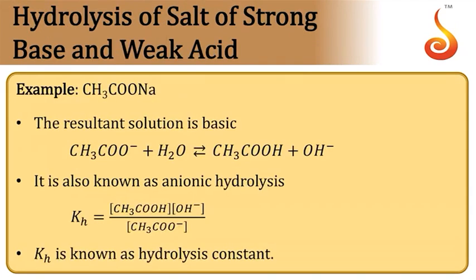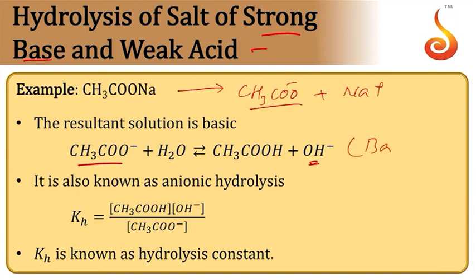Let us take a salt of a strong base and a weak acid. When you dissolve sodium acetate, you are going to get acetate plus sodium ions. Here acetate ions react with water and produce OH minus ions.